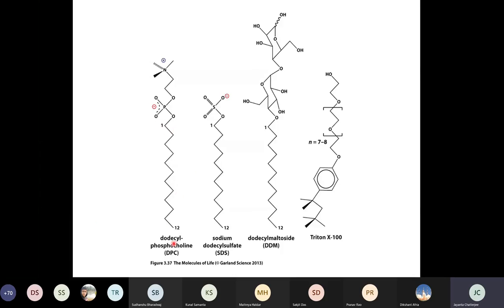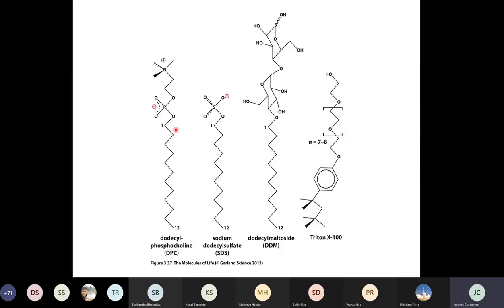For example, here you have DPC, called dodecyl phosphocholine. You have a phosphate group attached to a choline moiety, and this is charged.